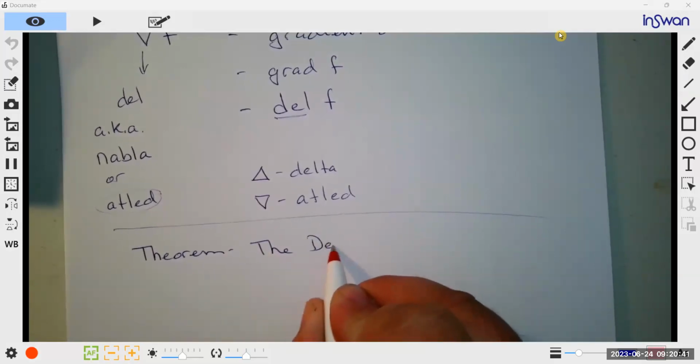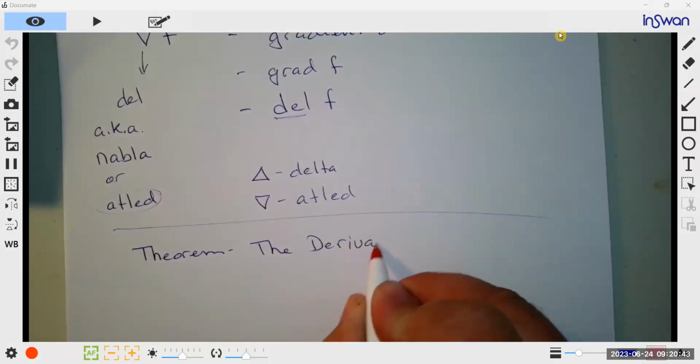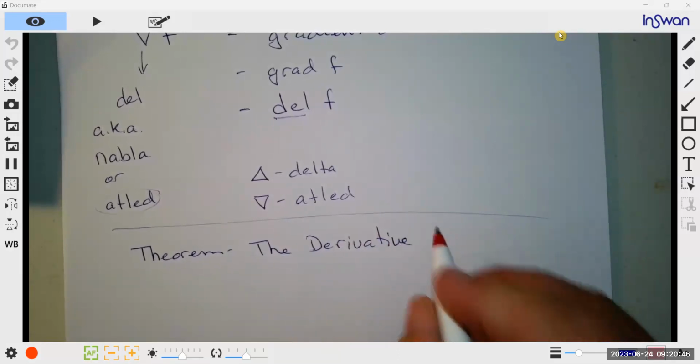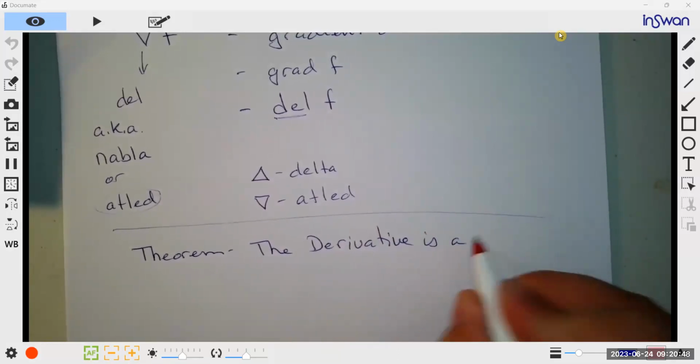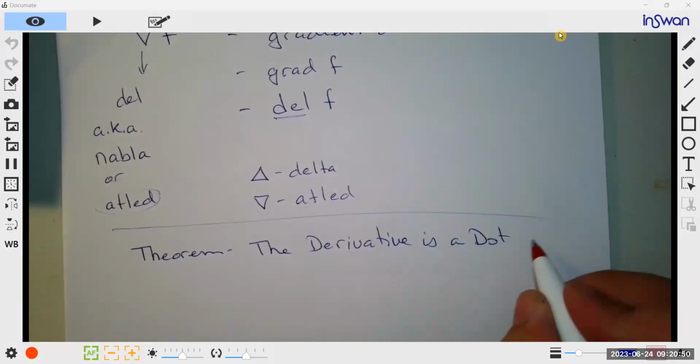Here's a theorem for it. The derivative is a dot product.